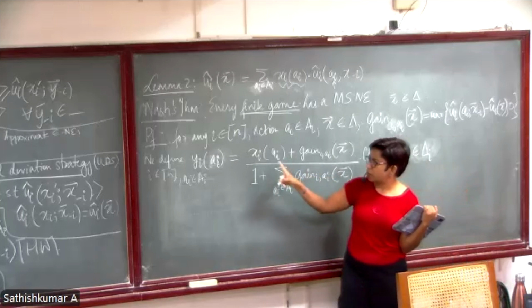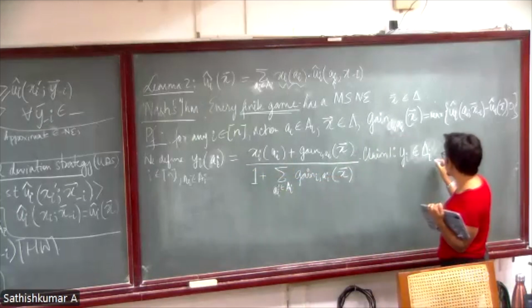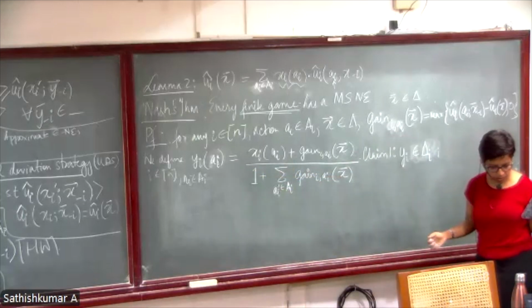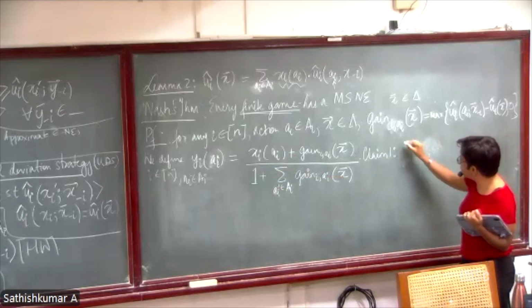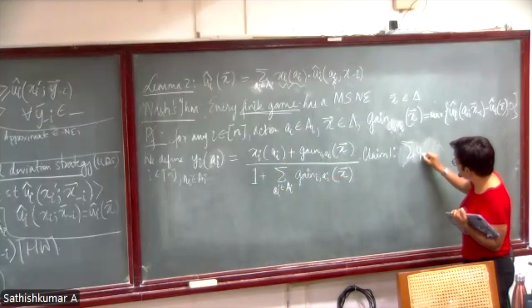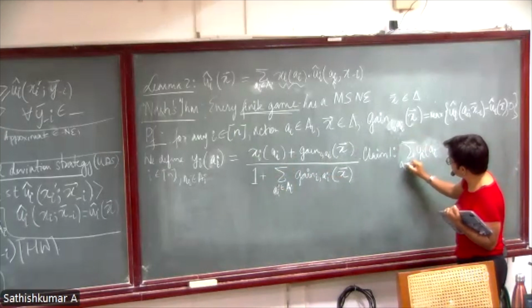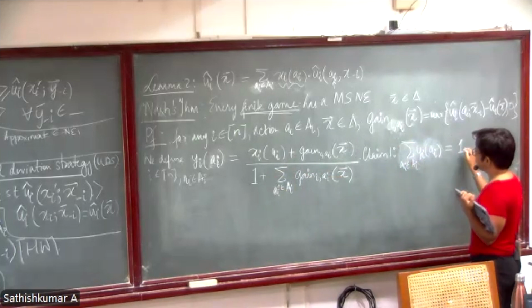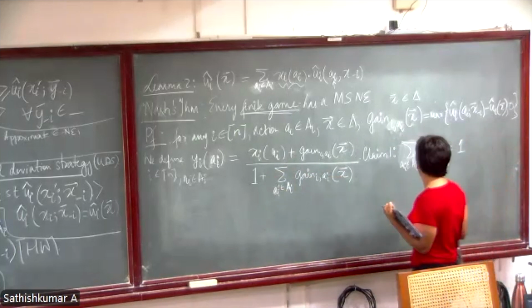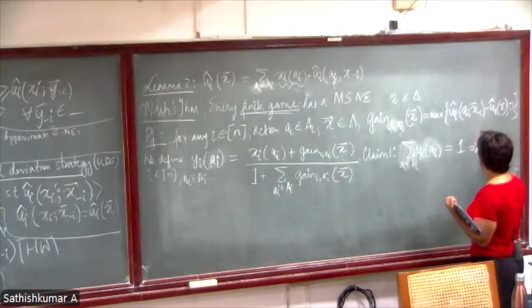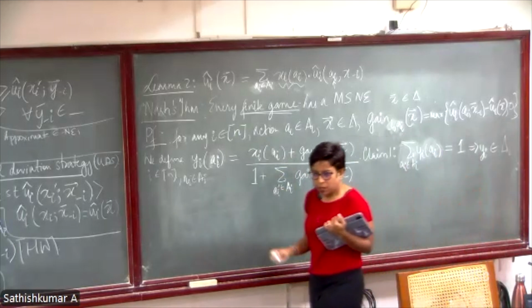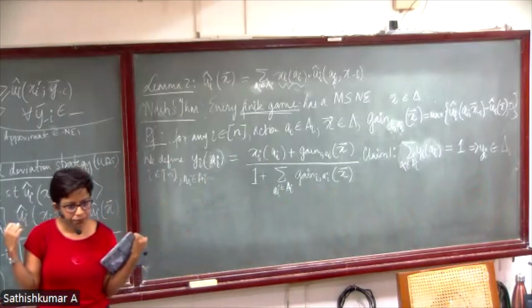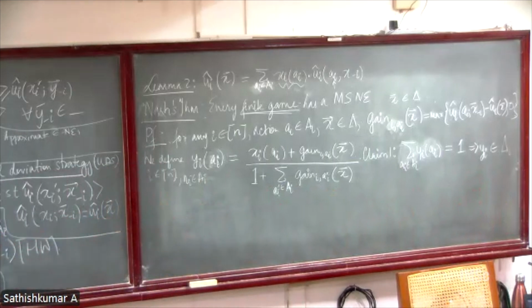If I sum over all the ai, let me just write it: the sum of yi ai is equal to 1. This would mean that yi is an element of the probability simplex of i. See this definition.